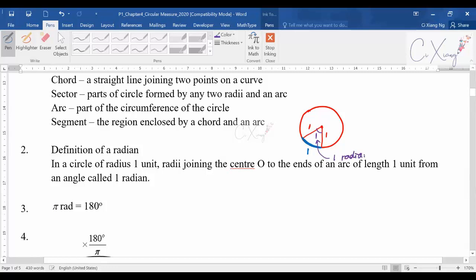So that's the definition of 1 radian. This is how they defined it when they created it.